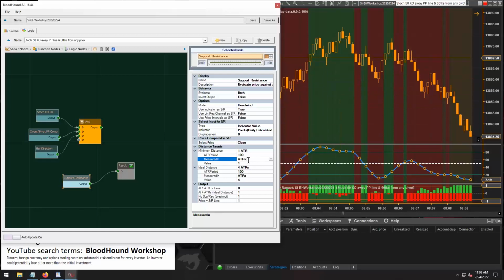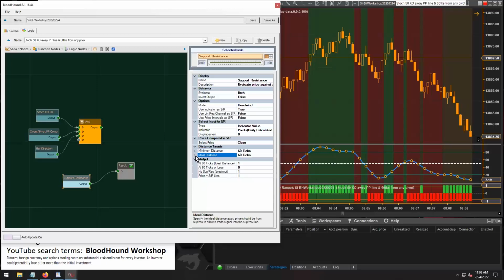So let's change the ATR down here to ticks. And what do we want? We want 60 ticks. There we go. So our distances are set to 60 ticks.